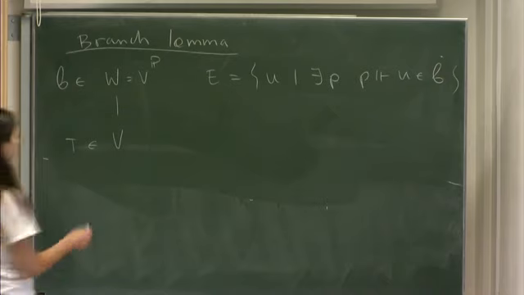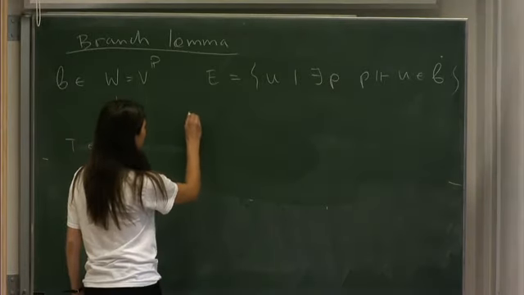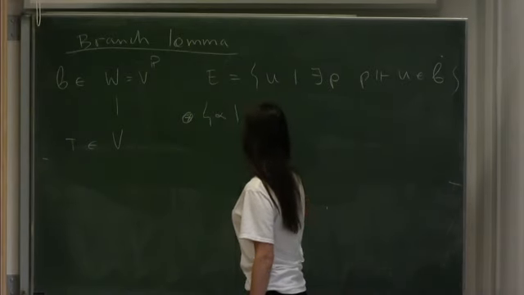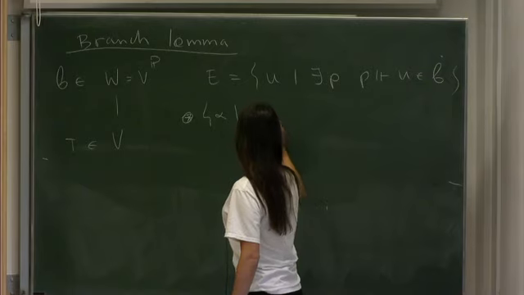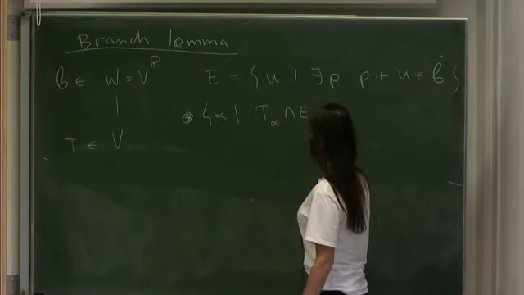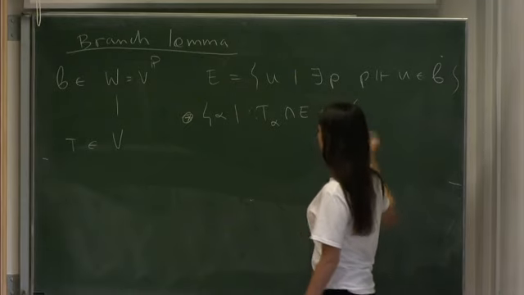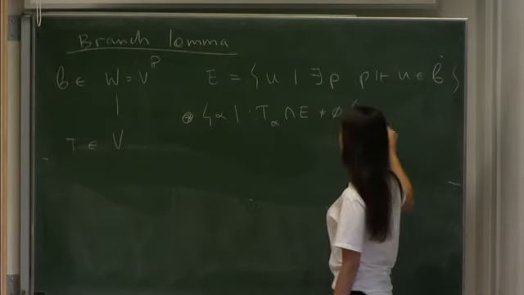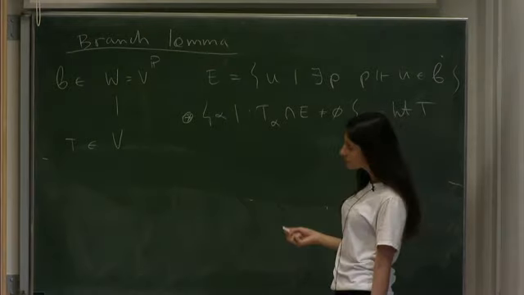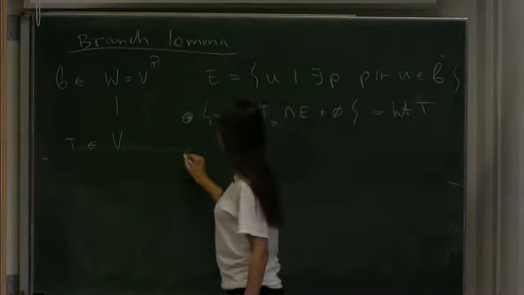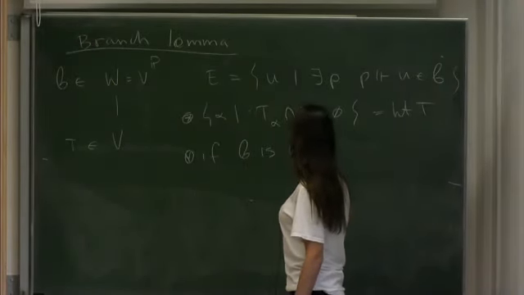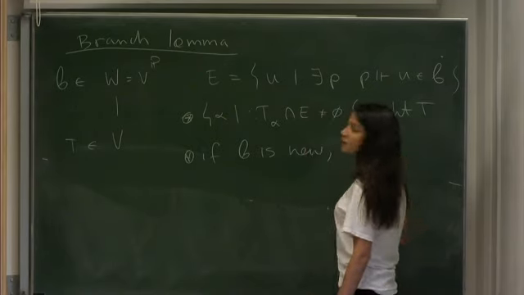i.e., so first, let me write the fact: for every alpha, T alpha intersection E is non-empty. This is not just unbounded; it actually equals the height of the tree, because that's what a branch is. And now if B is new, then there is splitting.